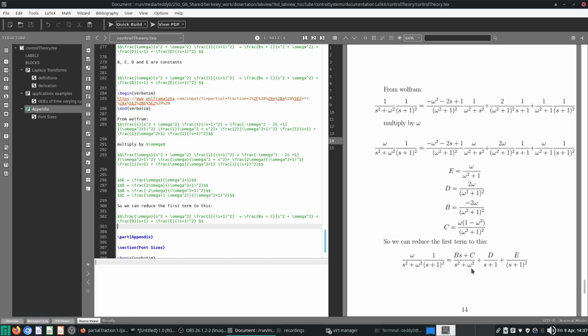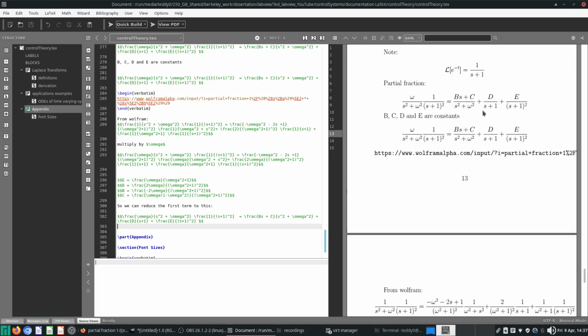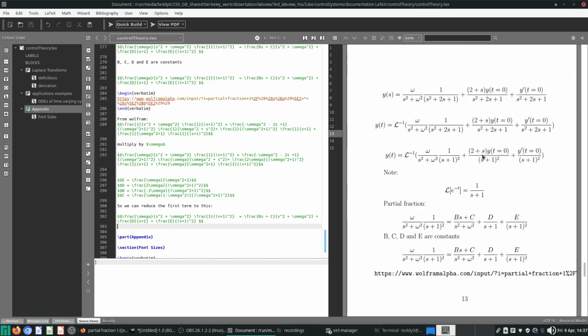That's very common in frequency response. These two will be exponential signals, but this e over s plus 1 squared is not just an exponential signal; there's a t in there somewhere. Likewise, we can reduce the other term the same way, but for now I think we'll stop.